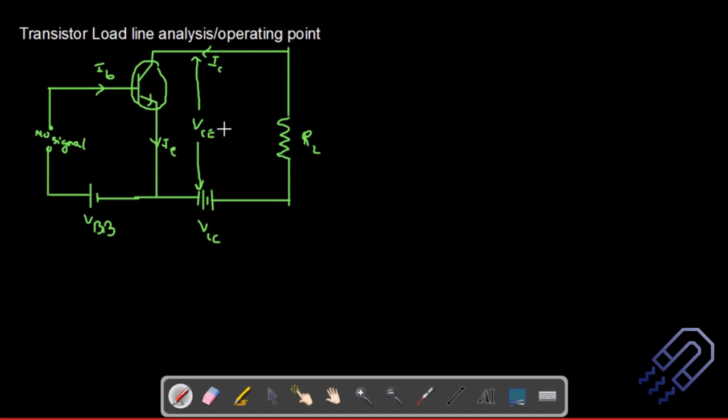Now I can use Kirchhoff's voltage law in the output circuit. If you look at the circuit, this is your input and this is your output. So we can consider the output loop to write down Kirchhoff's voltage law.